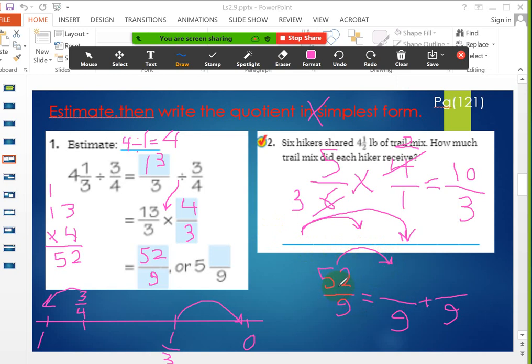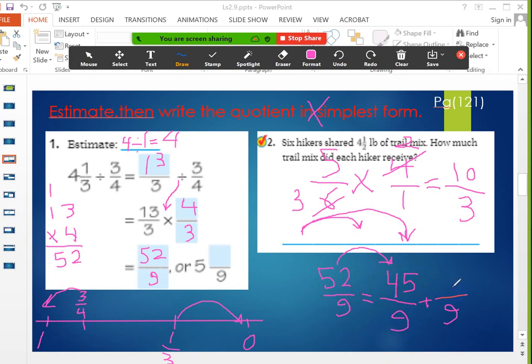I think not 50, not 51. It will be 45, right? So I will take 45 from 52, because 45 is able to be divided by 9. What's the number left from 52 after taking the 45?